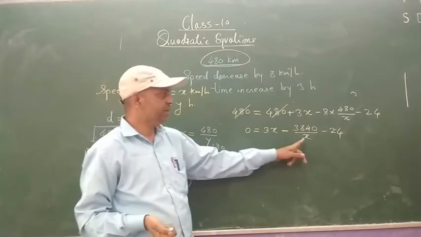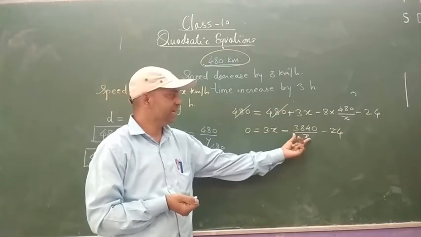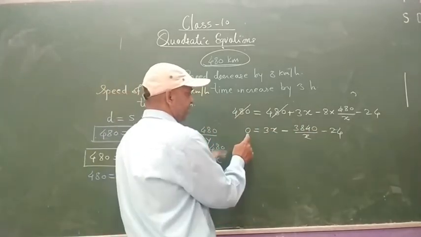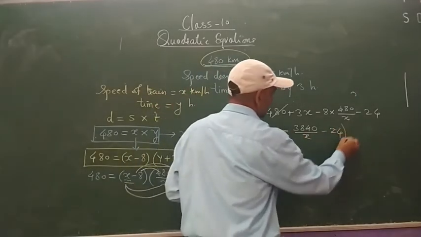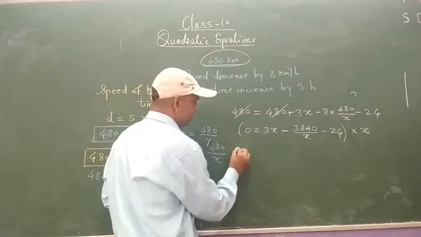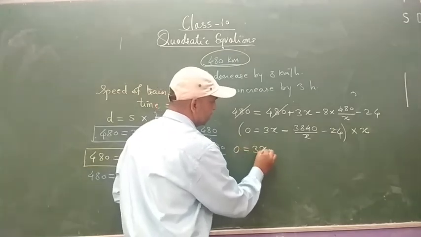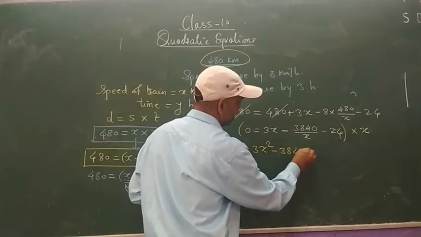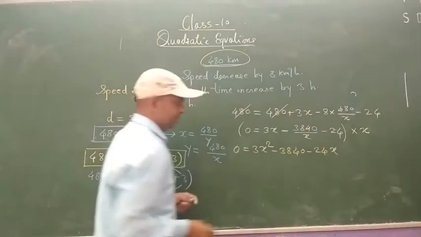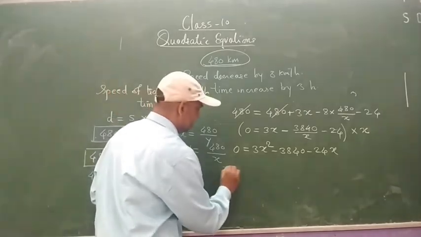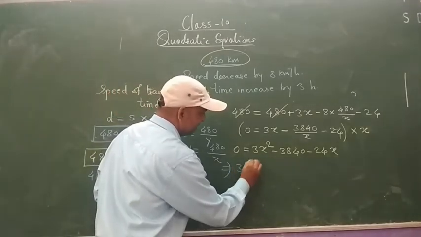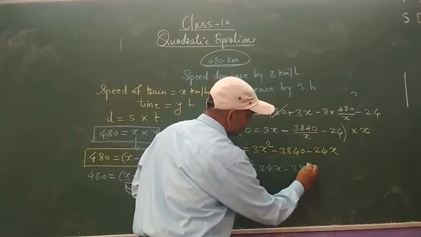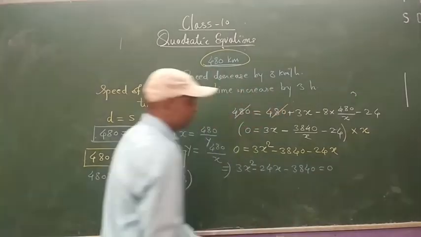Now here in the denominator there is x, so remove this x by multiplying each term by x. If you multiply the whole equation by x, then we get 0 is equal to 3x square minus 3840 minus 24x. So just write this equation as 3x square minus 24x minus 3840 is equal to 0.